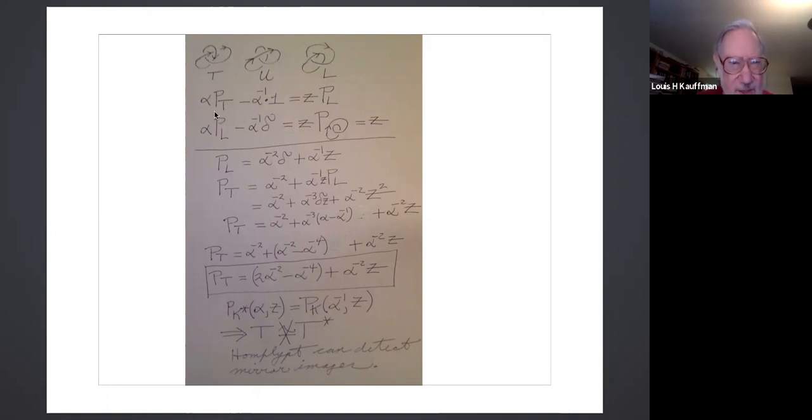So the first relation is alpha P of T minus alpha inverse equals Z P of L. And then the link, alpha P of L minus alpha inverse delta, because it's got two components and it's unlinked, is equal to Z P of one component, so that's just Z.